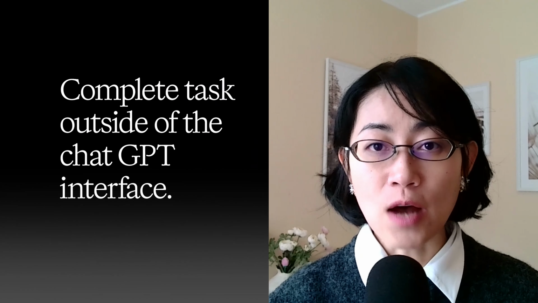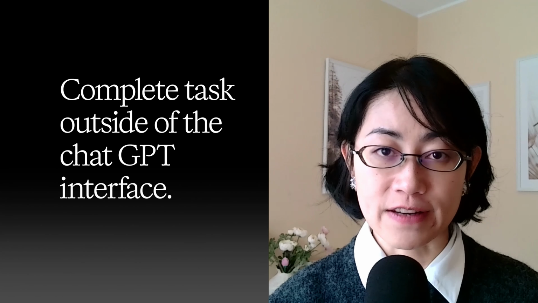With Agent Mode, your AI uses a virtual machine to access and work with files, browse the internet in real time, manipulate spreadsheets and data, or run code, call APIs, and complete tasks outside of the ChatGPT interface. It doesn't just answer, it acts.